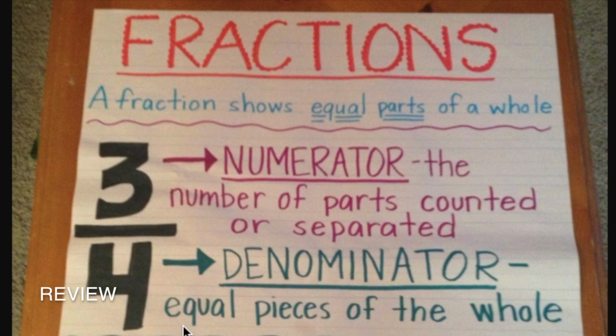Lawrence, it's an equal pieces of the whole. So if we forget if numerator is on top or denominator is on bottom, which one? What was the clue that I gave you last time? Rebecca, yes, D for down because the denominator is on the bottom. So D down. Denominator will be the number that's on the bottom.